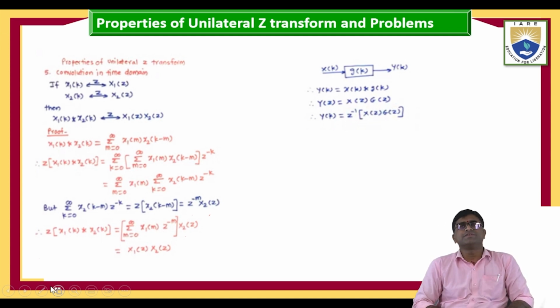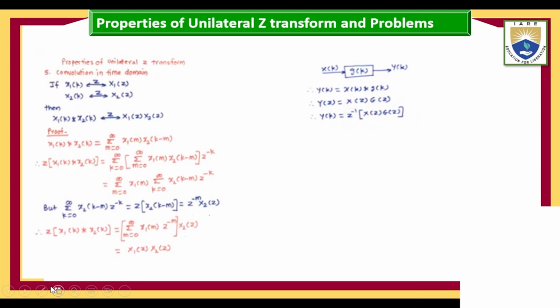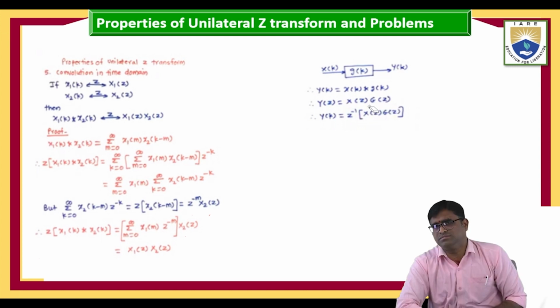The output of the function is y of k equal to x of k convolved with g of k, where you apply the Z transform. So y of k becomes y of z, x of k becomes x of z, and g of k becomes g of z, where this g of z is called the pulse transfer function.